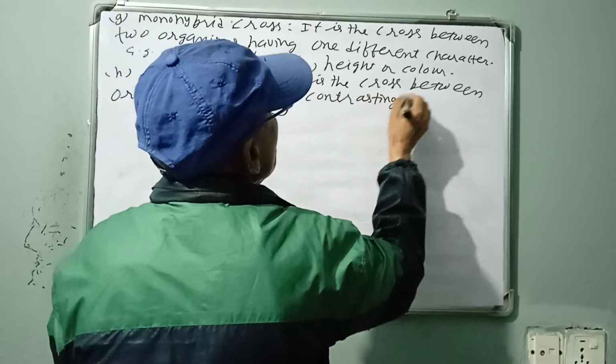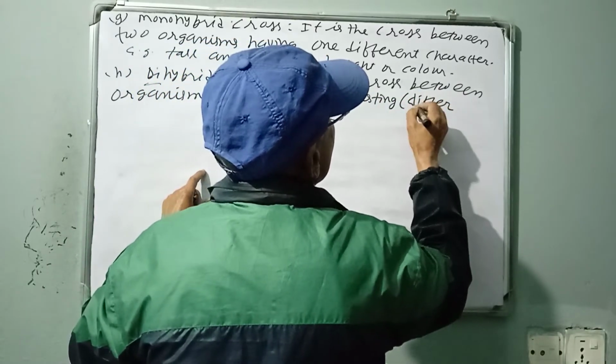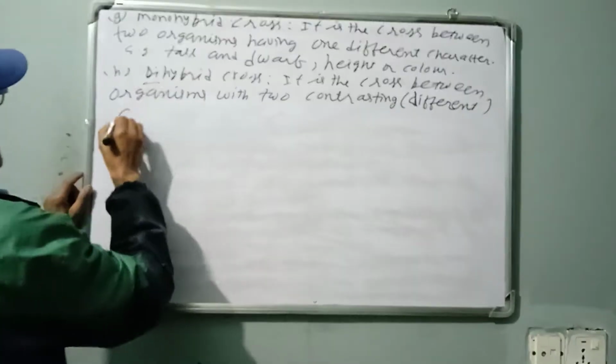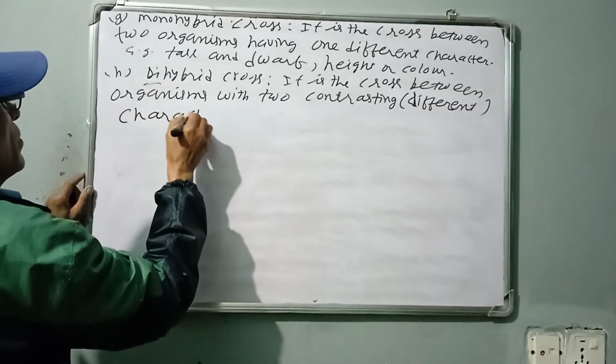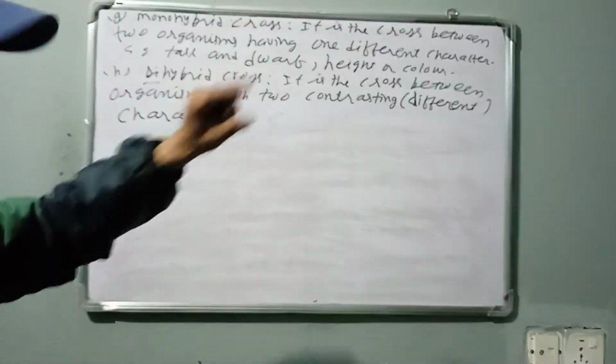Contrasting meaning different. If there are at least two different characters, it is called a dihybrid cross.